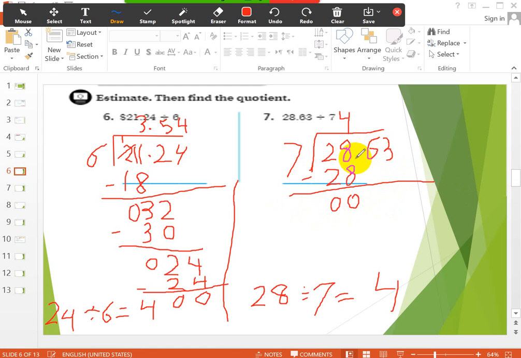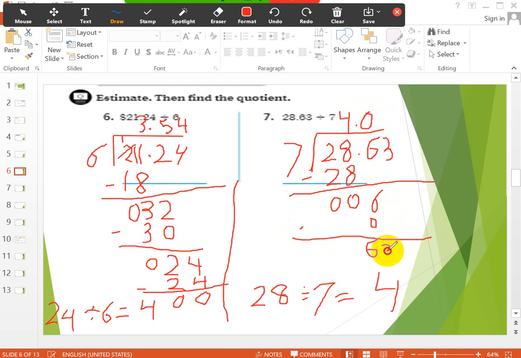Then I will take the decimal point up and I will take the 6. 6 divided by 7. Can I divide 6 by 7? Okay, I can't. So the value of the tenths digit will be 0. Now 0 multiplied by 7 equals 0. So I will subtract and take the 3.